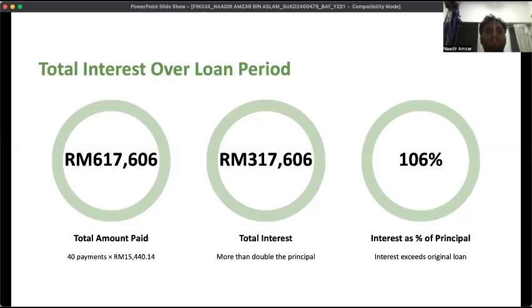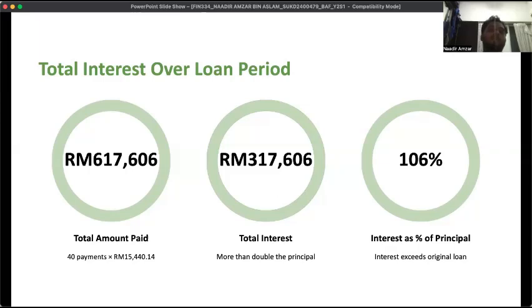So next is total interest over the loan period. Now let's talk about how much interest they actually pay in total. If we take 50,440.14 per payment and multiply it by 40 payments, that equals 617,606 ringgit Malaysia. From that we subtract the original loan of 300,000 ringgit Malaysia.